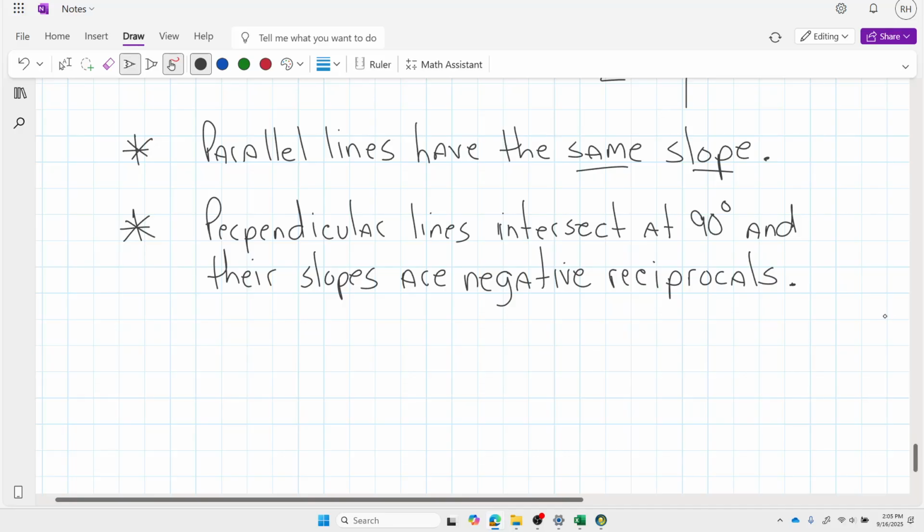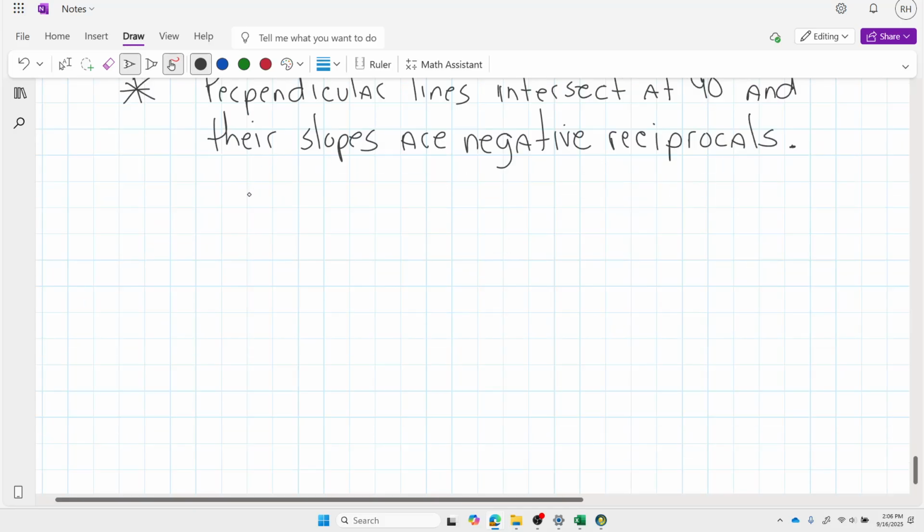Negative reciprocals. Negative reciprocals is when you take a number and you flip it over, right? And negate it.